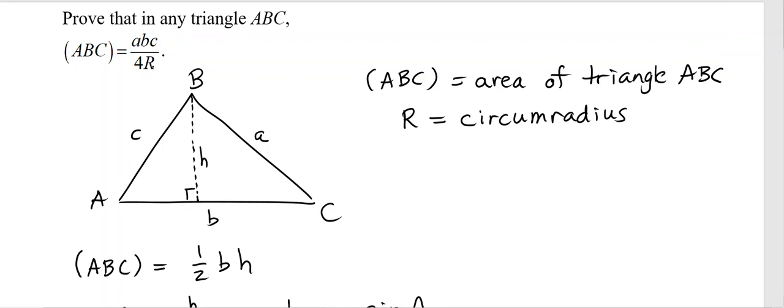And if you recall from my previous video, the extended law of sines relates the sines of the angles to this circumradius. So we're going to continue to work on this problem by utilizing that extended law of sines.